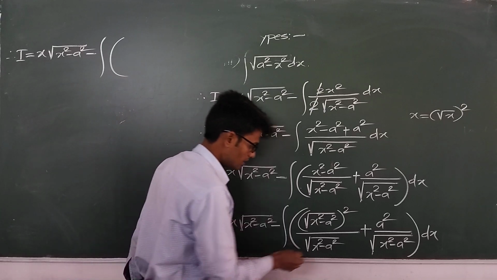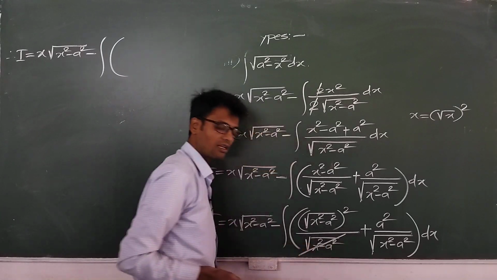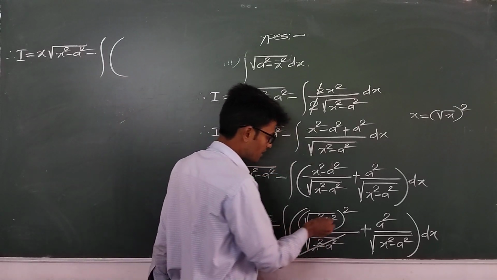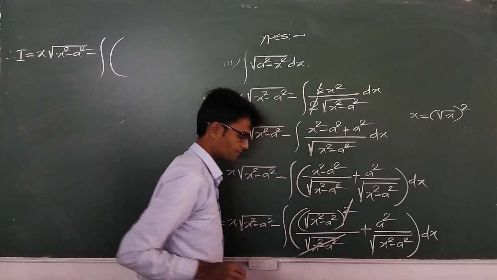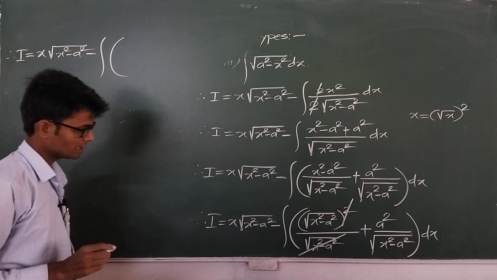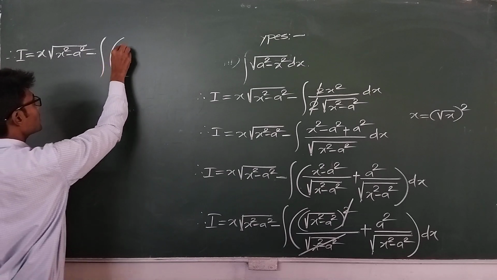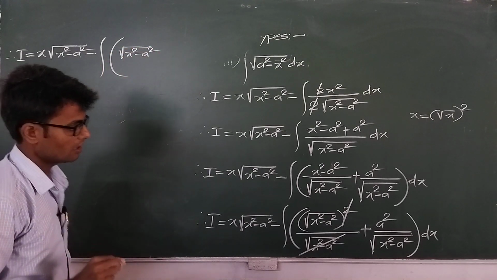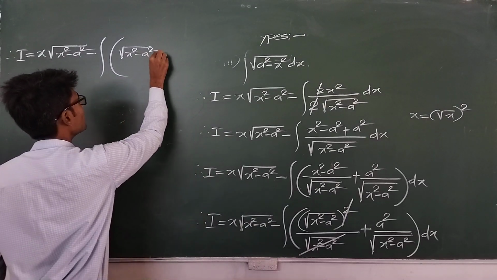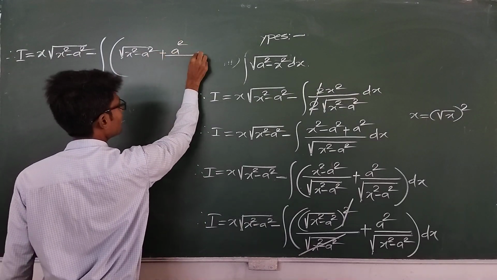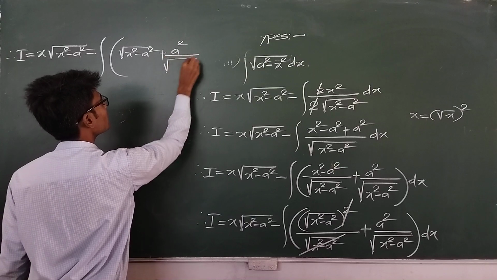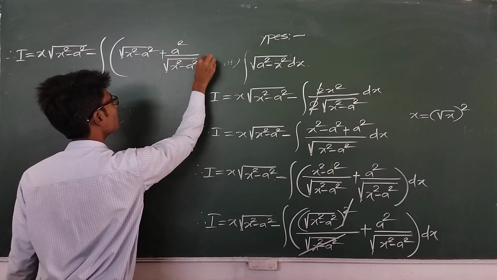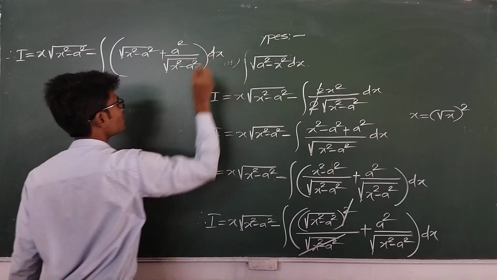See, this square root of x square minus a square and the one in the denominator get cancelled, right? So what remains here? Inside the bracket, square root of x square minus a square remains, and after that you write plus a square divided by square root of x square minus a square, into dx. You write as it is.